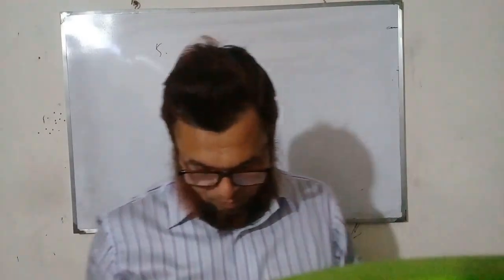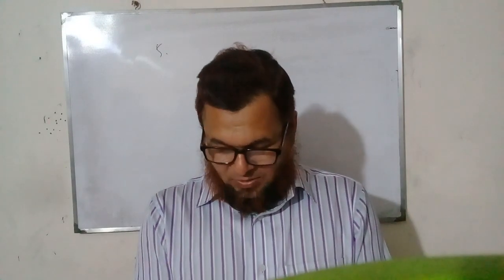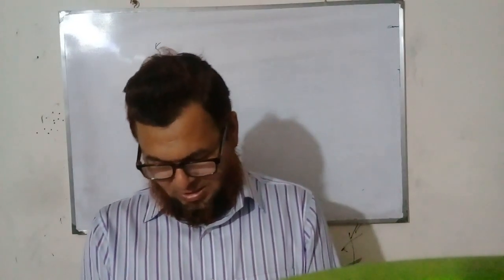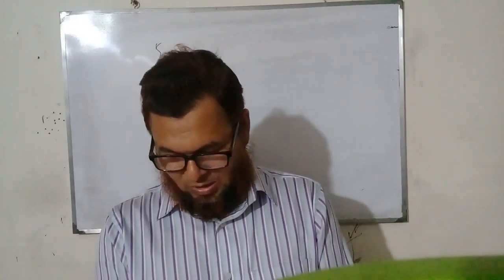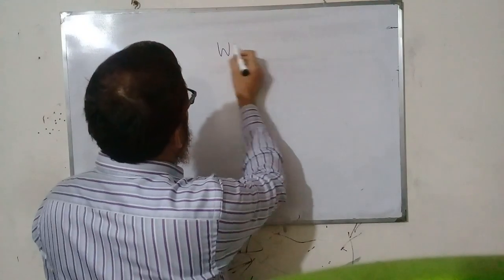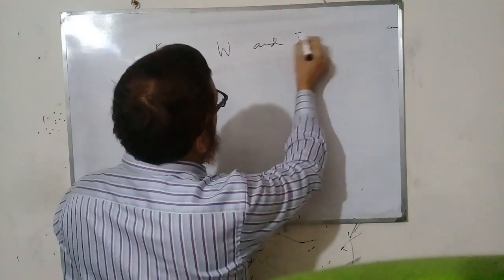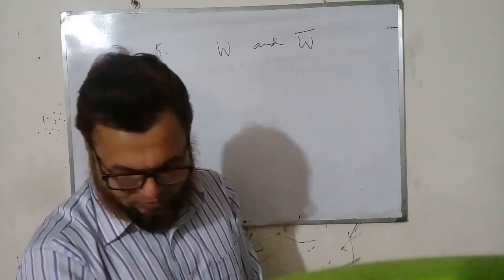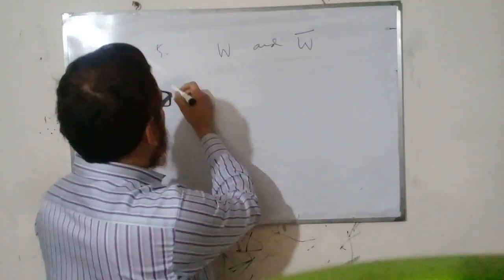Number 5, partitioning the set of possible values of the test statistic T into two disjoint sets W and W bar and forming the following test.